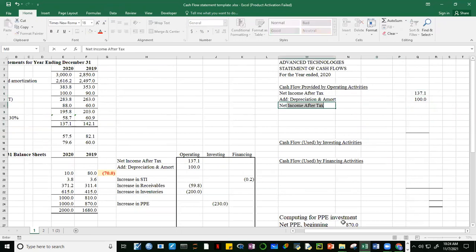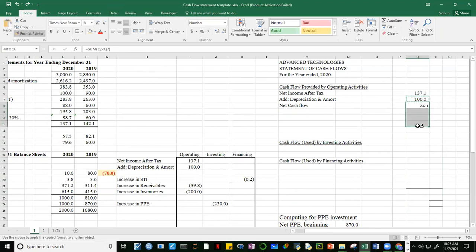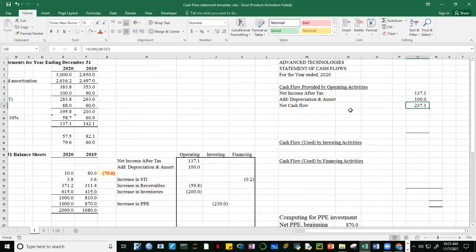Okay, so this is our net cash flow. Sum this up. Okay, so let me just format the numbers there. Okay, net cash flow, and then you just copy this.